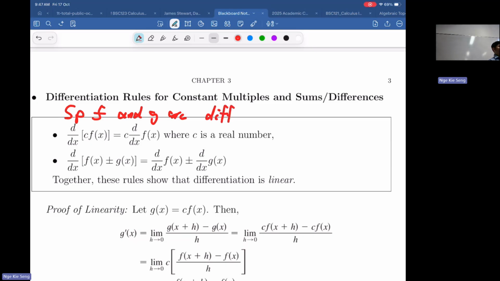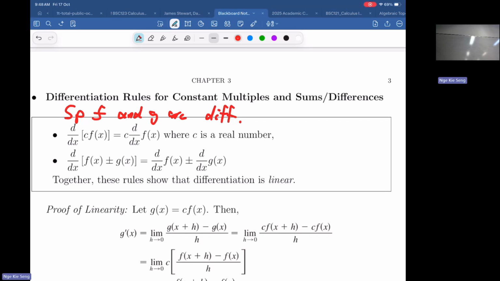It's like the limit law, the continuity law. You need to assume your individual function has a limit first, or that they are continuous first. Only then can you do this splitting. So differentiation actually is linear, because if you differentiate a constant c times a differentiable function, you pull out the constant times the derivative.